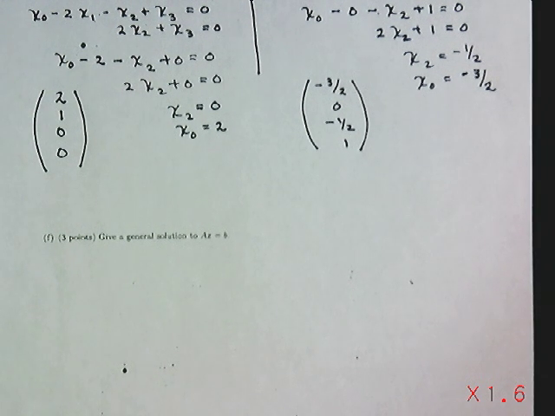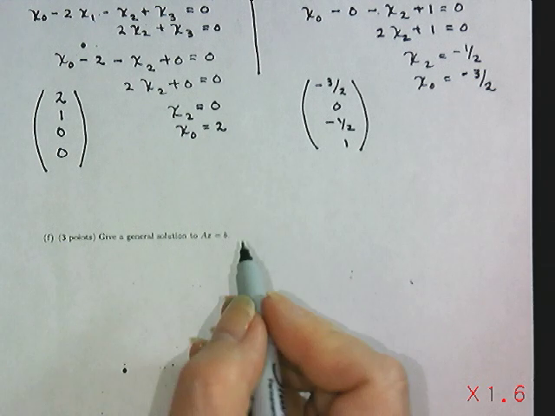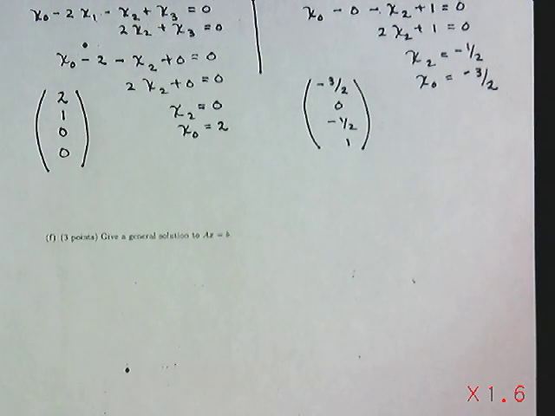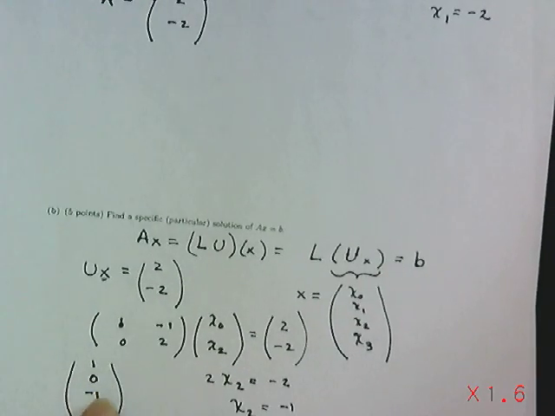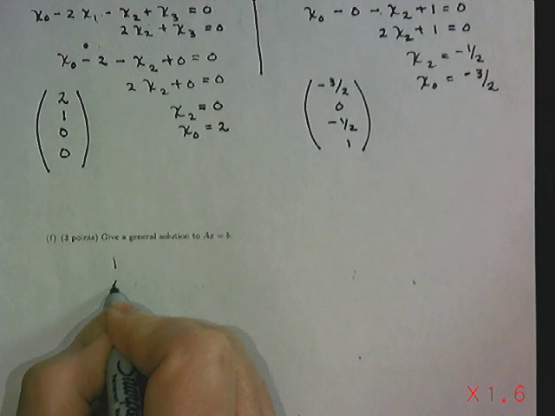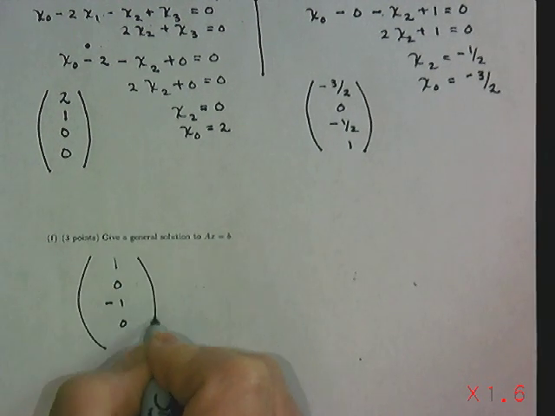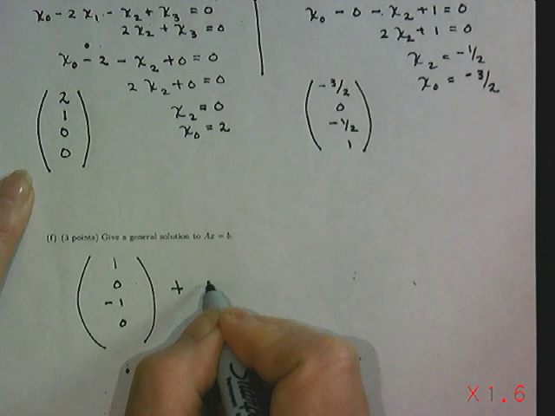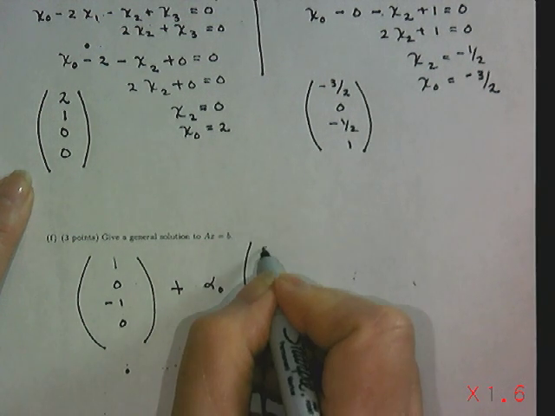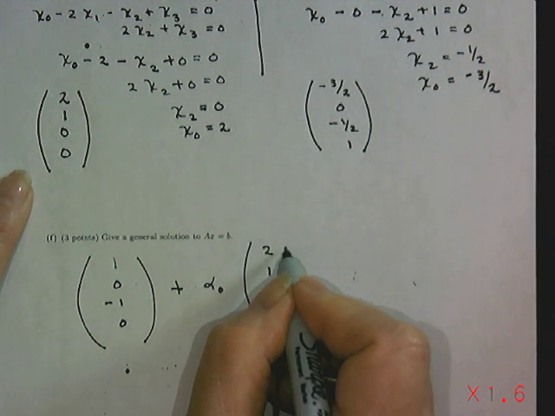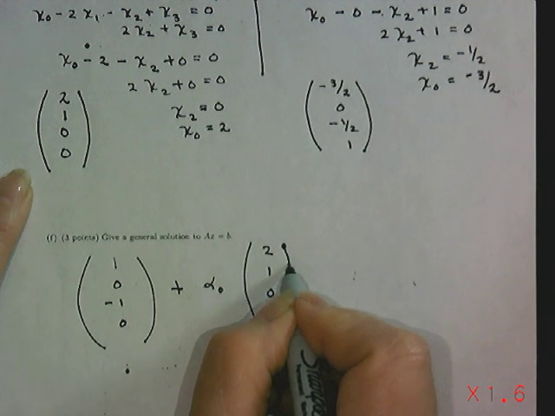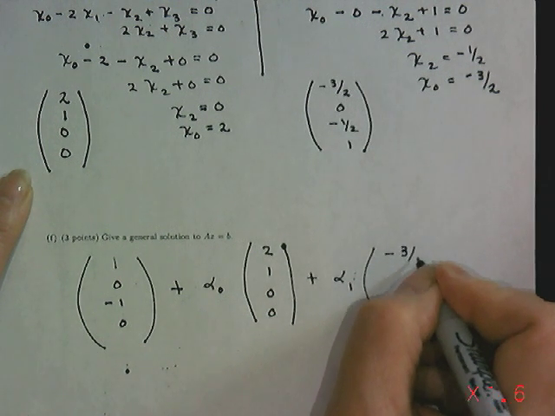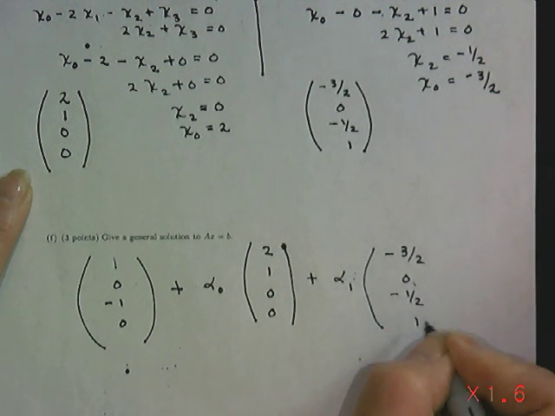Okay, let's put it all together now. If we wanted to give a general solution to Ax is equal to B, then that would be the specific solution, which we found on the previous page, 1, 0, negative 1, 0, plus scalars, we could say alpha 0 times one of the vectors in the null space plus alpha 1 times the other vector in the null space, negative 3 halves, 0, negative 1 half, 1.